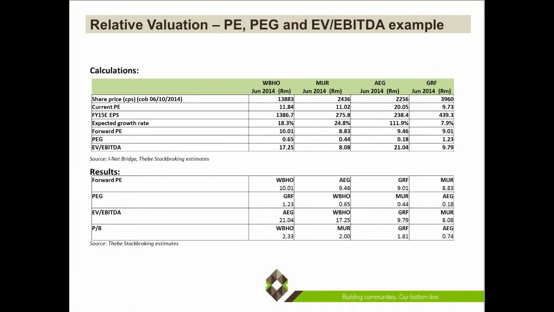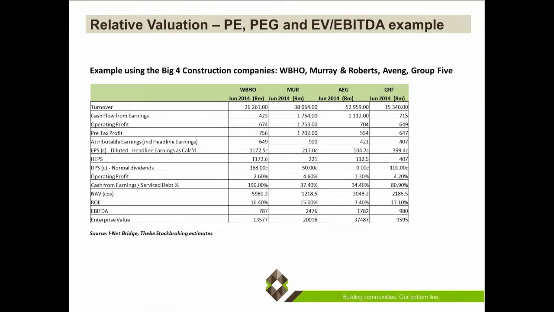Then we can go down and look at the ROEs. If we go back, we were looking at a company that's got a low PE, a high ROE, low risk, and high growth opportunity. If we look at the ROEs of these four companies, we can see that Aveng's ROE is very low. So that could give us conflicting information about what the valuation on that company is.